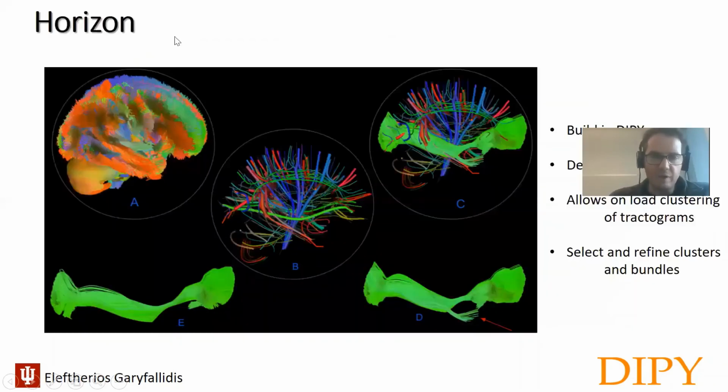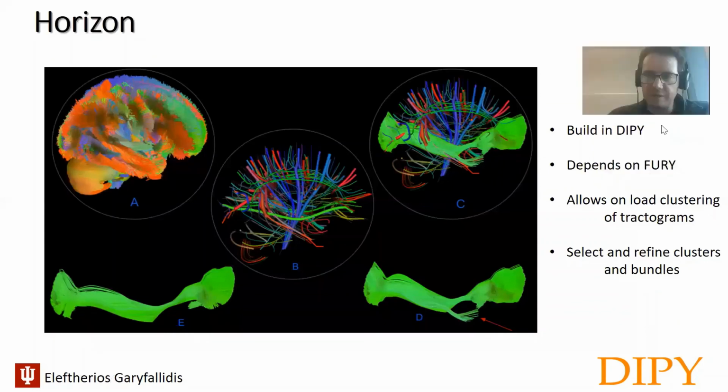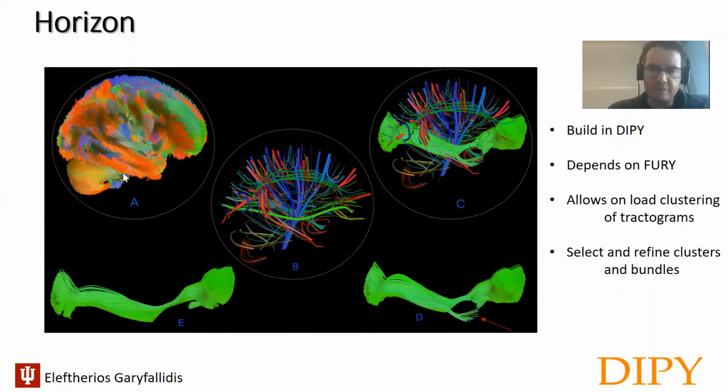So Horizon, one of our visualization tools, is using QuickBundlesX under the hood, and it uses FURY for the visualization, but it uses DIPY for the clustering part, and it allows you to take a tractogram, generate a skeleton of that tractogram, the centroids, then interactively click those centroids and expand the bundles, which you can then edit, as you can see here in this corner.